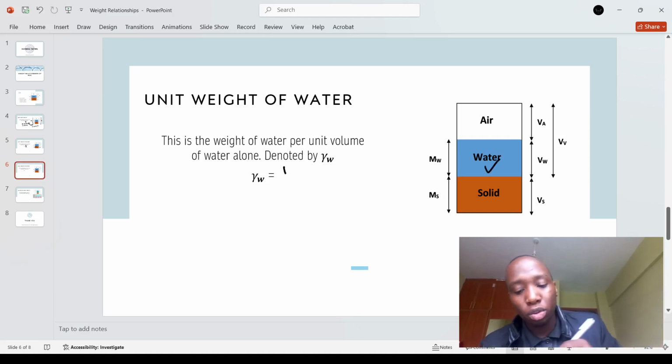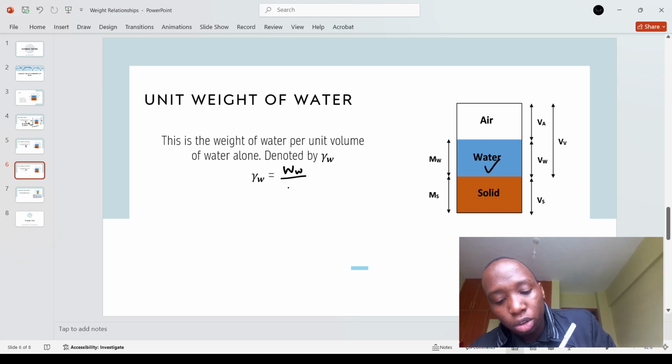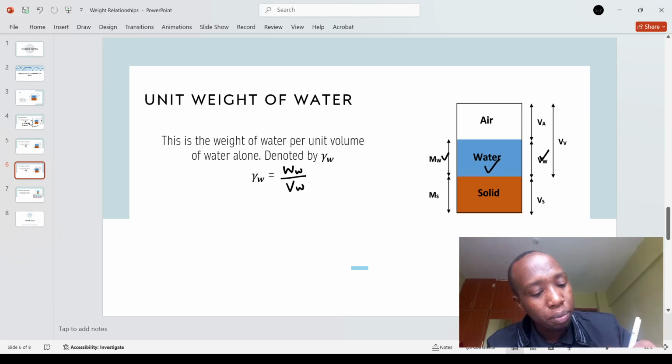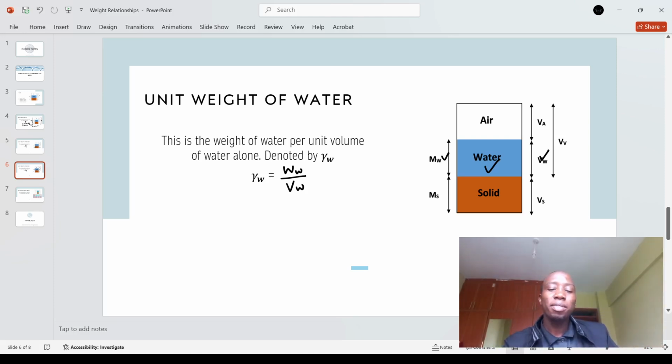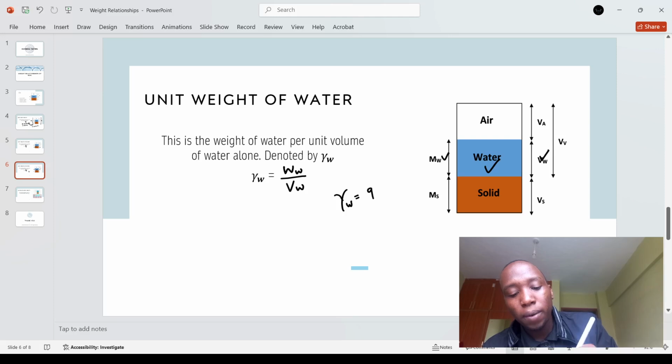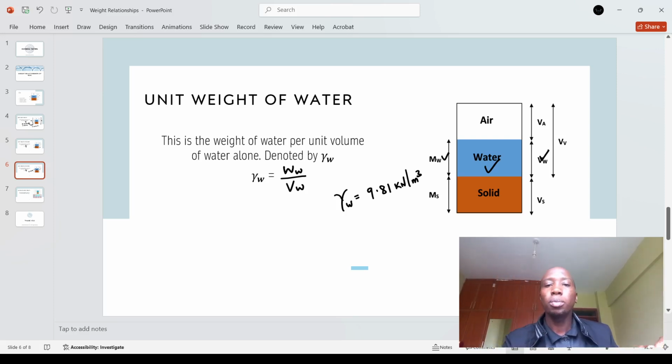So it will be the weight of water over the volume of water alone. In ideal conditions, the unit weight of water is usually taken as 9.81 kilonewtons per meter cubed. That's great.